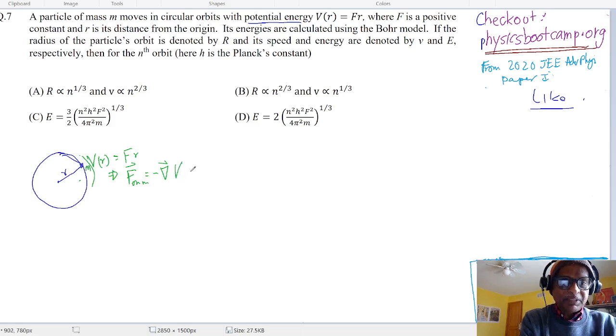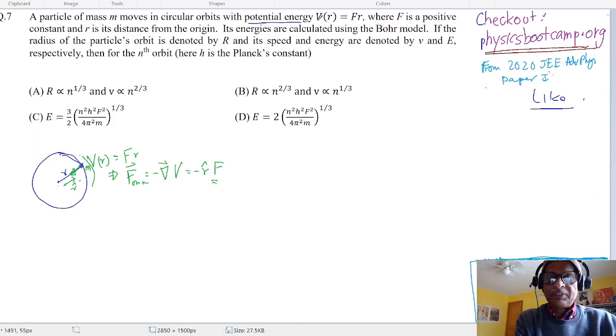When you work this out, it's going to be minus r hat F. So F is actually the force, and it's pointing towards the center in radial coordinates. r hat is the radially outward direction from the center, which is of course a different direction in different places. So this force is radially inward, and its magnitude is F. That's what this means.